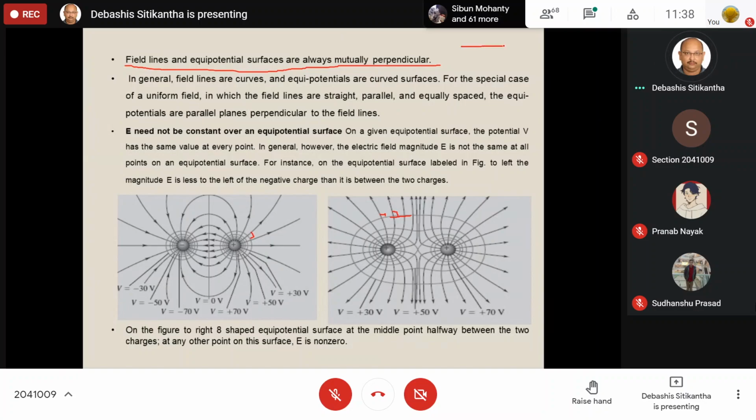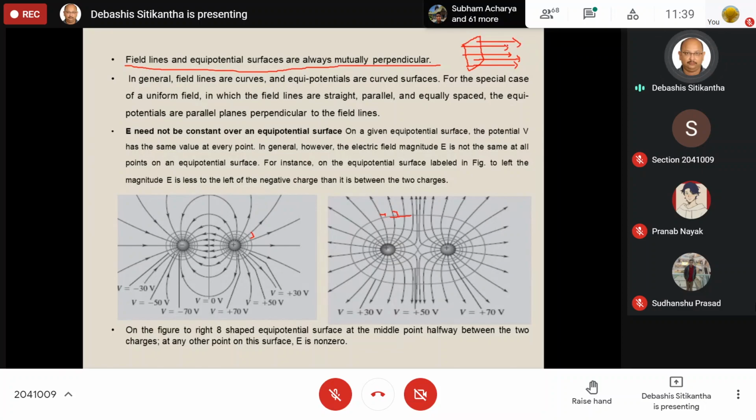Let us see. Suppose this is a uniform electric field, a bunch of uniform electric field lines. Let us say I have a source like this. The source is generating electric field lines just like a gun. The electric field lines are moving like this, from the entire surface of this.